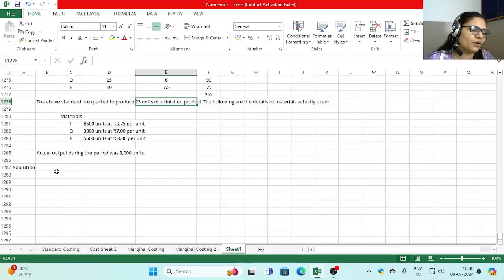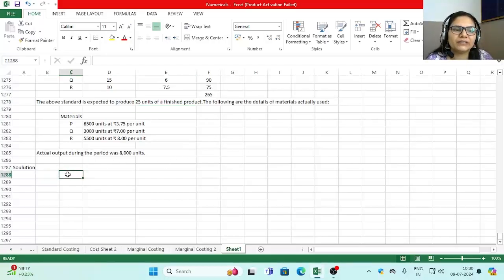So, first of all, we all know there are certain equations which are necessary while calculating the variances. First of all, we will calculate the equations, and after that we will go for the final calculation of the variances, which will make the presentation of our answer easy.